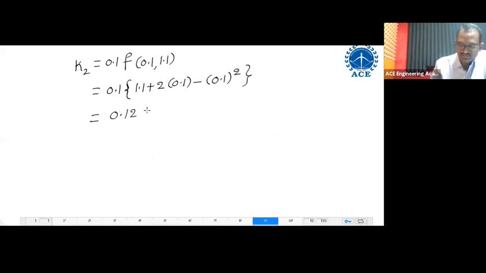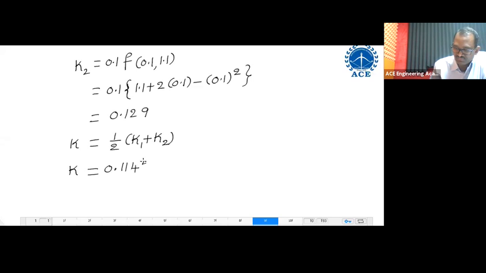0.129. Now K. K is equal to half into K1 plus K2. Simplify this and tell me K also. 0.1145. Good. 0.1145.